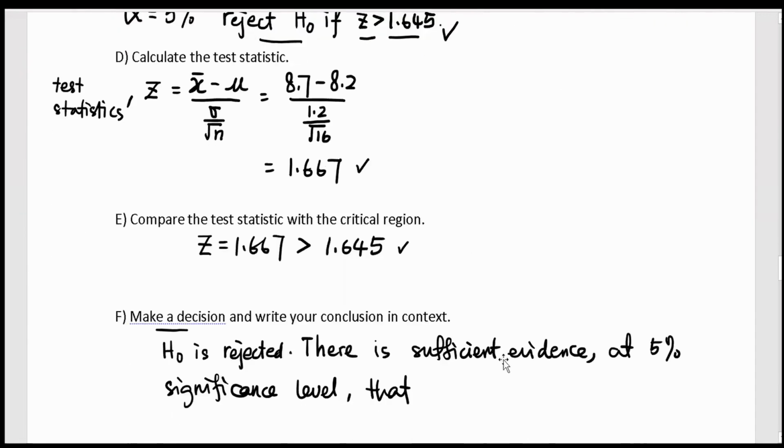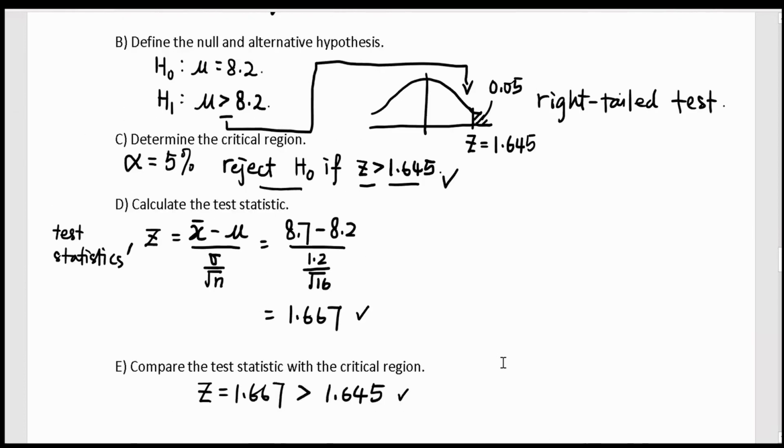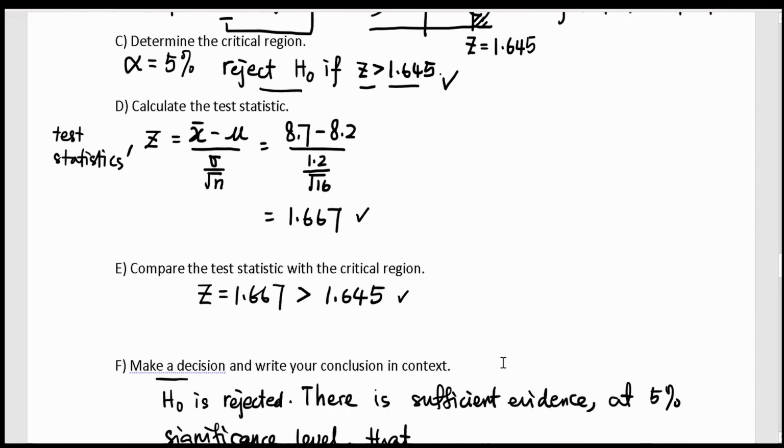Based on our calculation, we reject H0. As I explained just now, when we reject H0, H1 will be accepted, which means the population mean should be greater than 8.2.